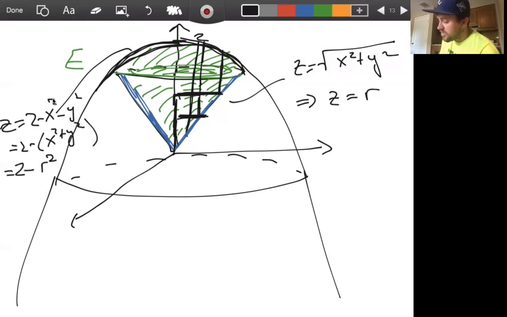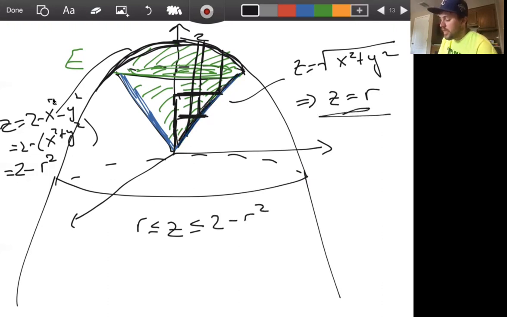And so because of that, we see our lower bound for z was r, and then our upper bound was 2 minus r squared, right? Because the lower bound is this line, which is z equals r. And then the upper bound was this paraboloid, which in cylindrical coordinates is 2 minus r squared.